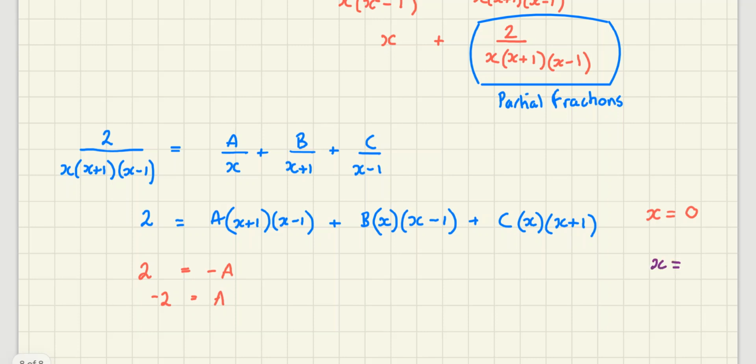If I pick x as positive 1, that gets rid of my a, but also gets rid of my b. So then I get 2 is equal to 1 times 2, 2c, which means c is equal to 1.